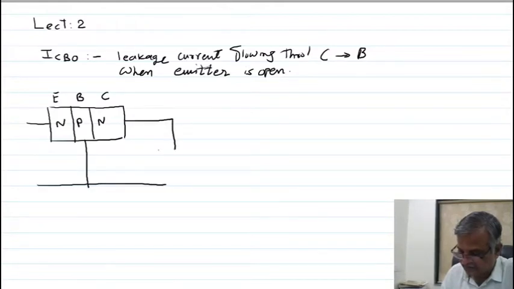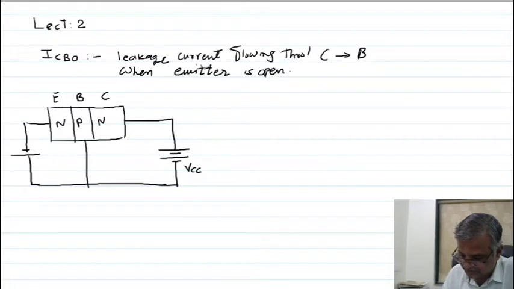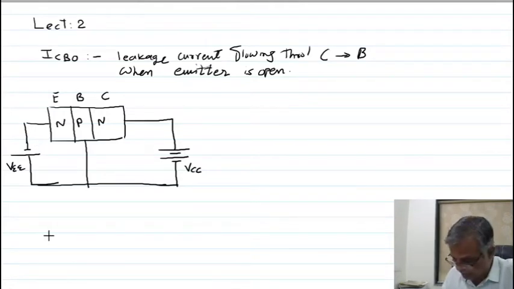You know that the collector is kept in reverse bias, and the emitter base junction is kept in forward bias. You know this. So you already know that this can be represented by this always.